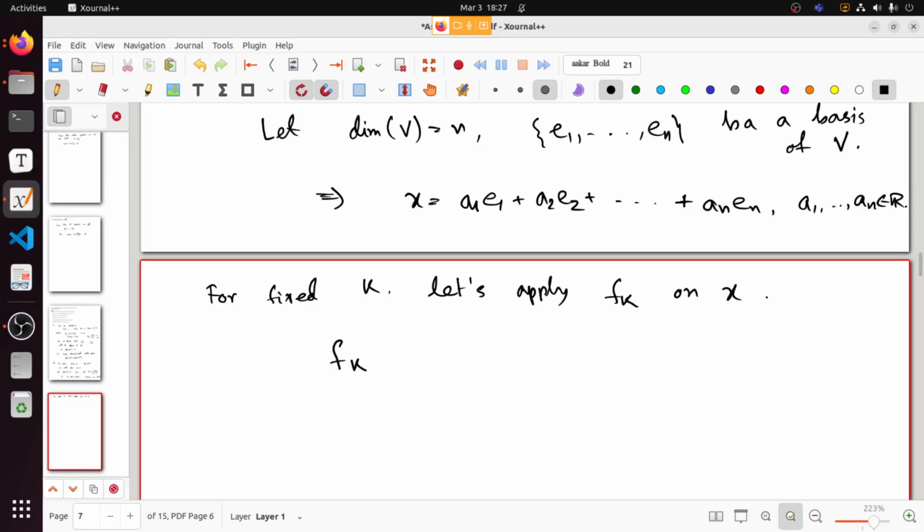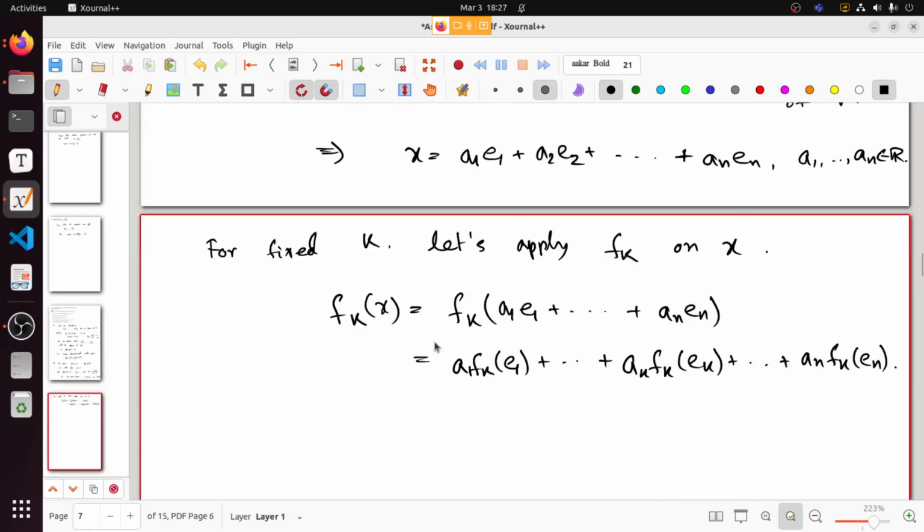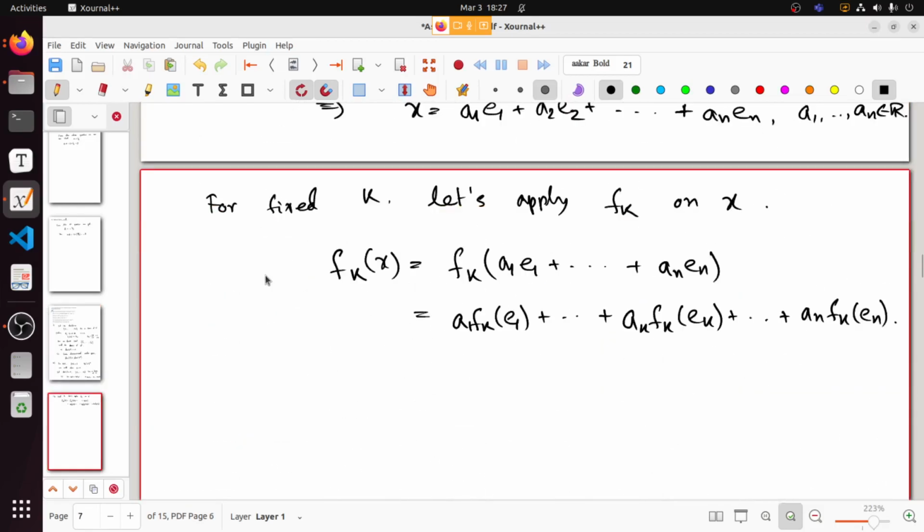Then fk of x will be fk of a1 e1 plus dot dot dot plus an en. Because fk is a linear functional, this becomes a1 fk of e1 plus dot dot dot plus ak fk of ek plus dot dot dot plus an fk of en. What is given is that f of x is 0 for all linear functionals, so fk in particular.